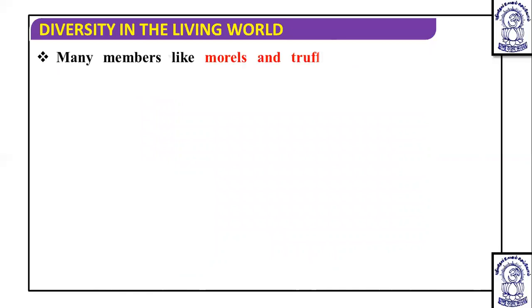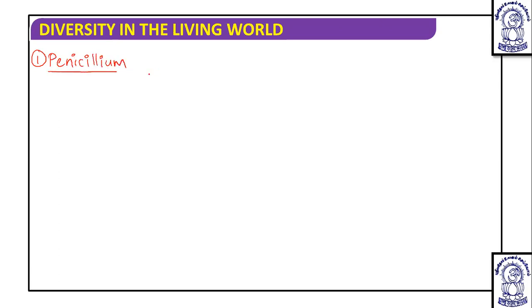Now, we will discuss some examples of these fungi in detail. First we are going to talk about examples of ascomycetes, and first we are going to talk about Penicillium.